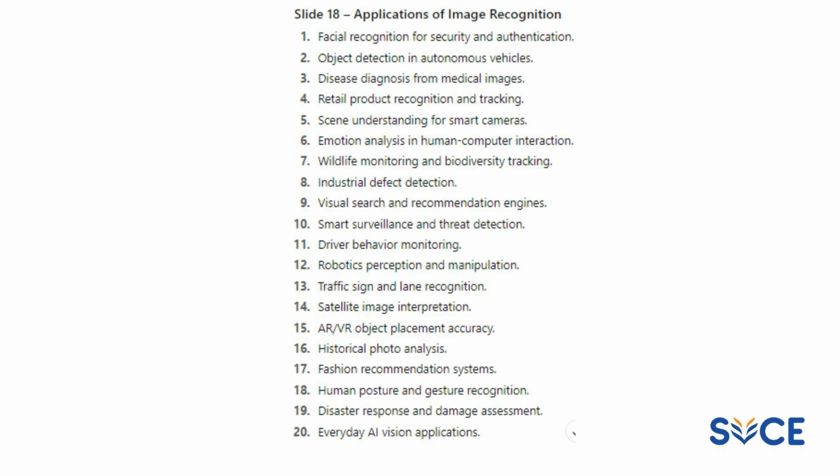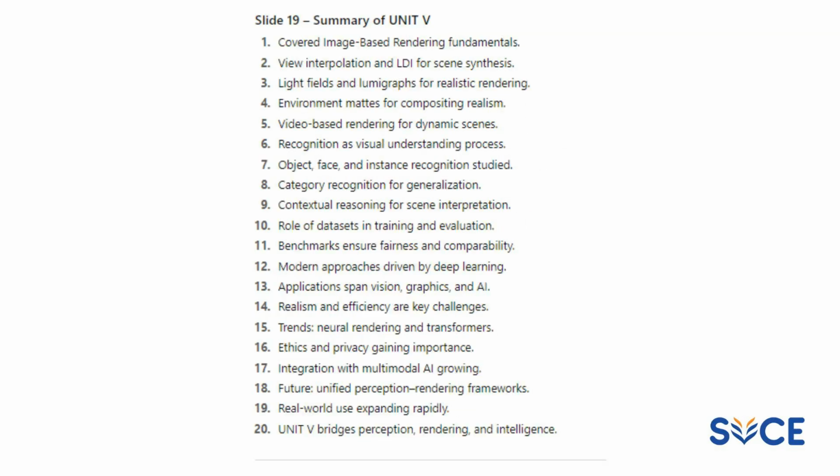So, I think we have come to the end of this unit. We'll summarize the next part, then finish this unit. To summarize Unit 5, it covers image-based rendering fundamentals like view interpolation and light field approaches for scene synthesis.